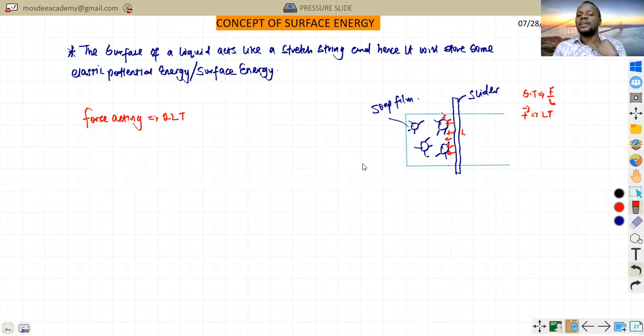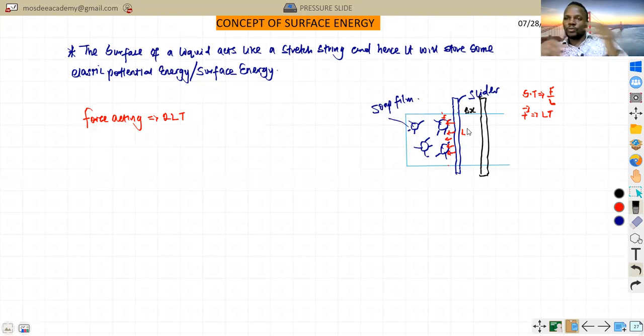Now, similarly, let us also assume we apply another force to move this slider to another distance. It has changed by a distance of delta s by application of an external force.